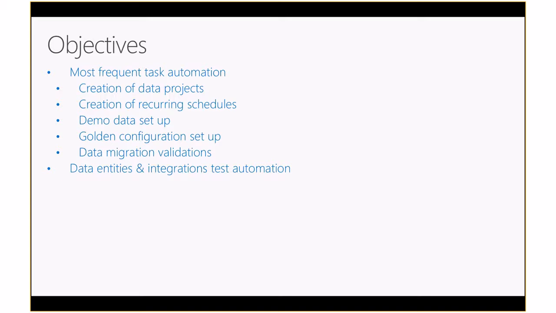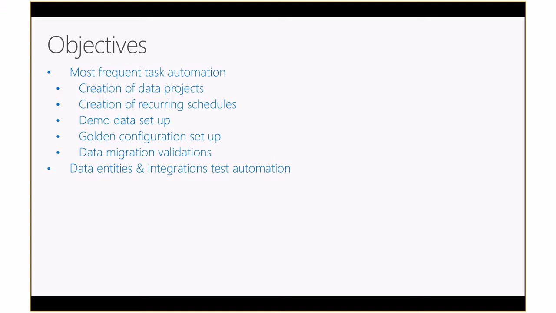Now, we know the challenges that teams go through because we go through the same pains. And we recognize that even the implementation teams, the partner teams that are working on extensions and working with data entities, should be going through similar pains when it comes to validation of data entity functionality and validation of integration functionalities, right?